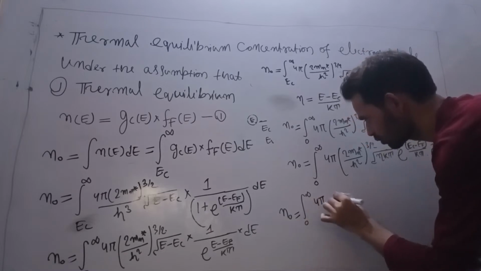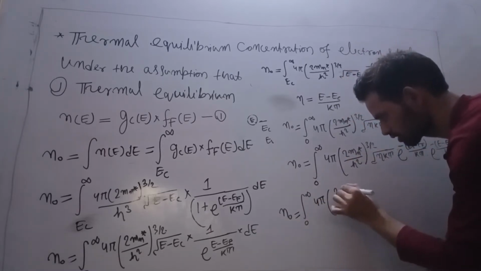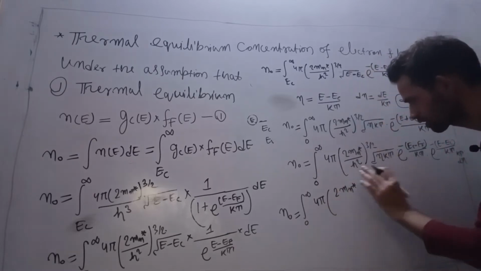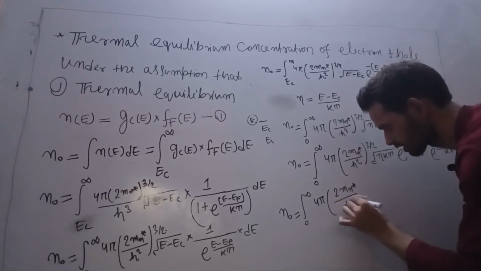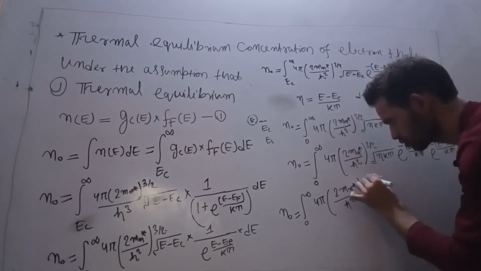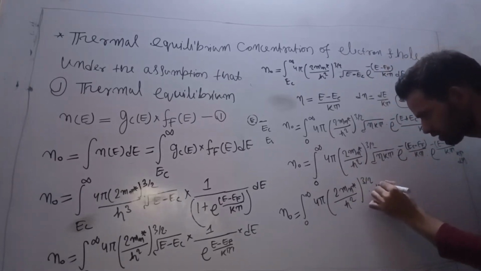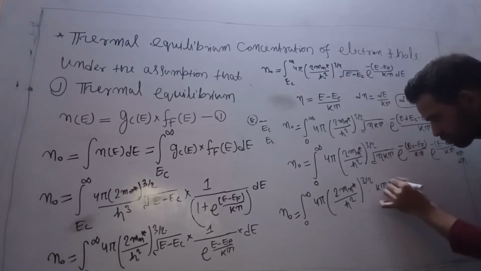Then what we will do here, kt to the power 3 by 2, take this inside, then what will come here? 2mn star. Okay, we will do it separately. So 2mn star divided by h square to the power 3 by 2 into, if you see this is my kt, this kt into square root of kt.